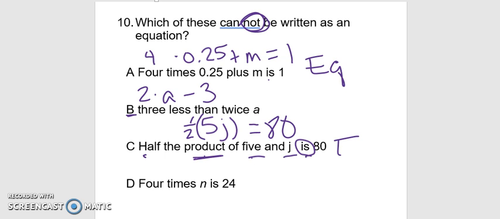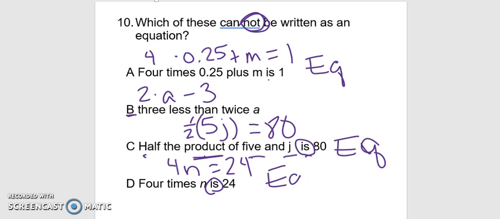So again, that's going to be an equation. And letter D says 4 times n is, so that's equals 24. So again, it has an equal sign, it's an equation. So D is an equation, C is an equation, A is an equation, B is just an expression.